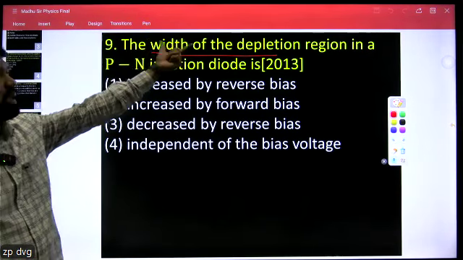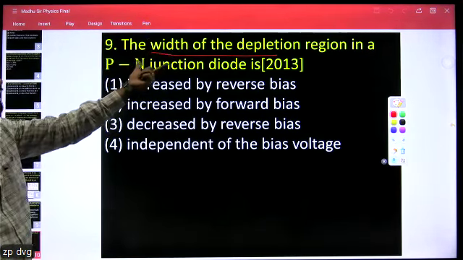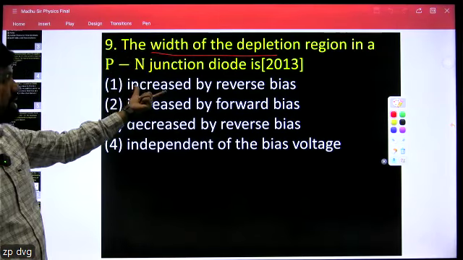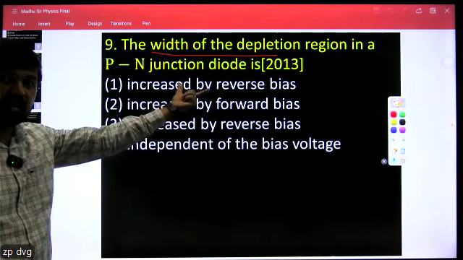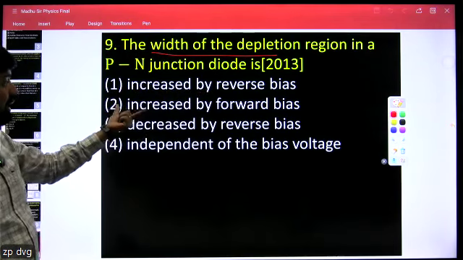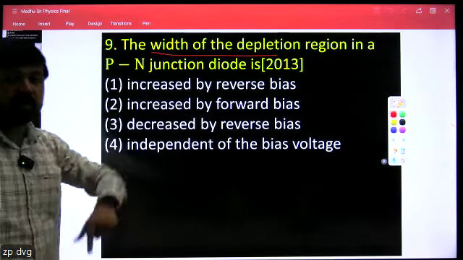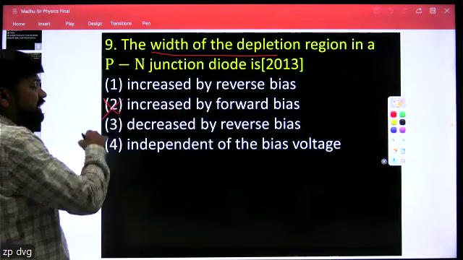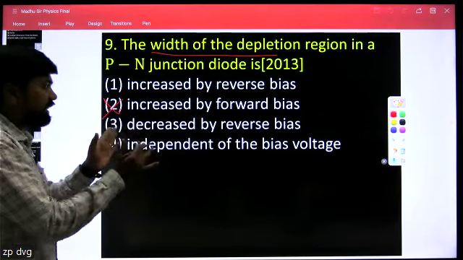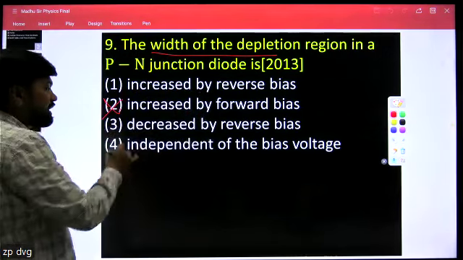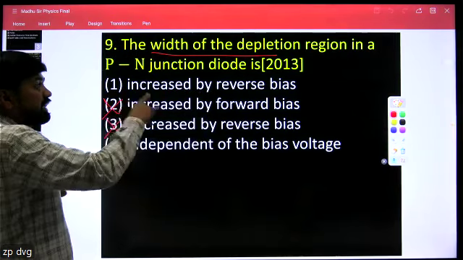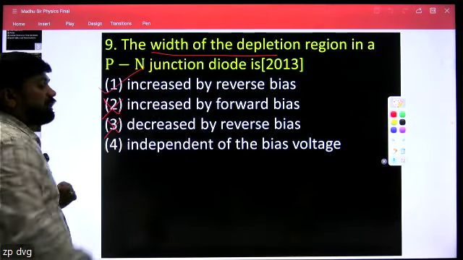Increase ಆಗುತ್ತಾ reverse bias ಅಲ್ಲಿ? Increased by forward bias. That is wrong. Forward bias ಅಲ್ಲಿ ಏನಾಗುತ್ತೆ? Width of the depletion layer decreases. Decreased by reverse bias. That is wrong. Increased by ಏನಾಗುತ್ತೆ ಹಂಗಂದ್ರೆ reverse bias.